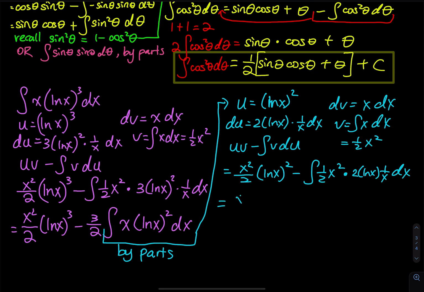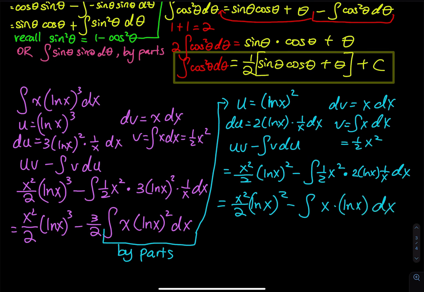And then minus, the 2 and the 1/2 got cancelled, and then this is reduced by 1, so we have x times ln x dx. So now we just reduced the power by 1, and then we have to do another integration by parts.